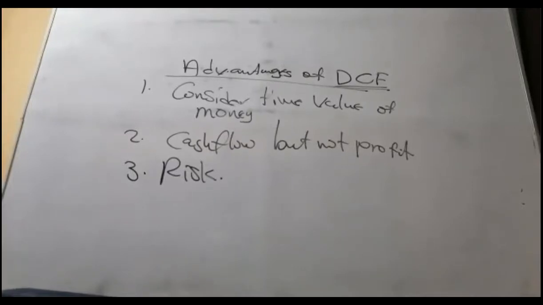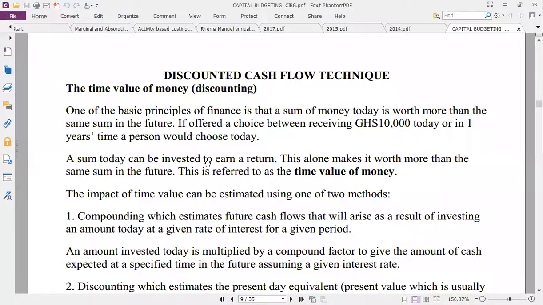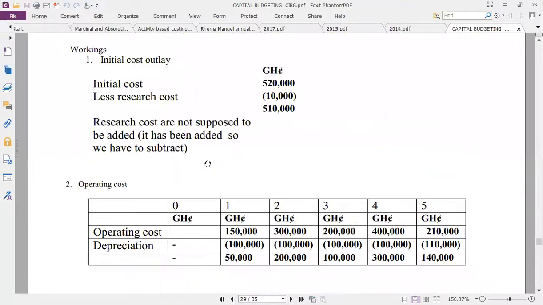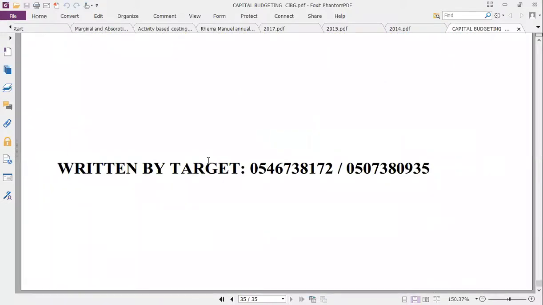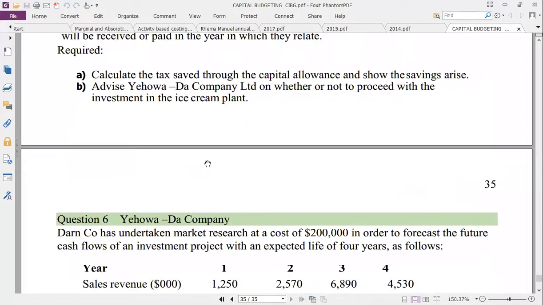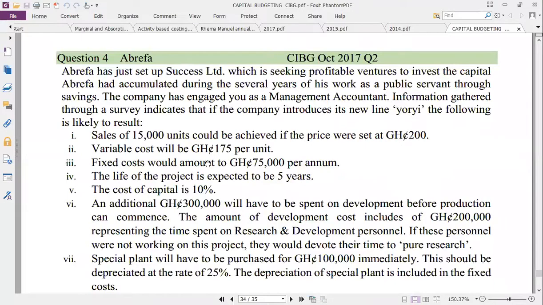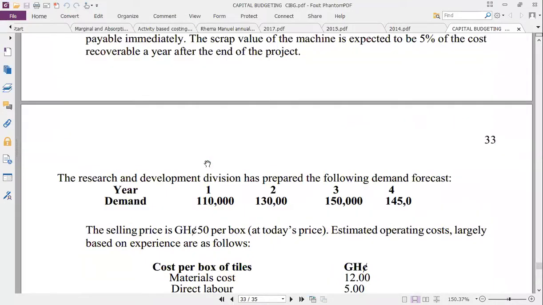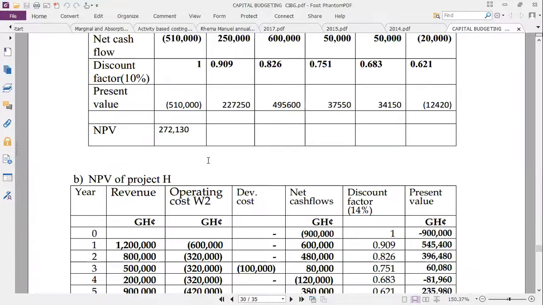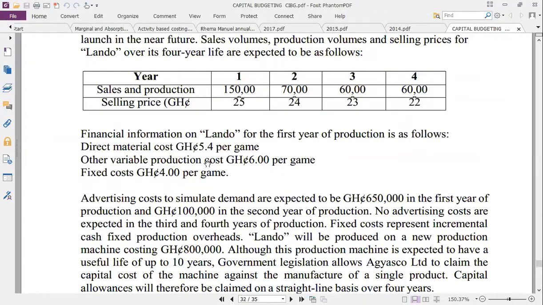Now let's look at this question before we do the NPV. The same handout, getting to the last page. I think I opened a wrong file. Yes, I opened a wrong file. I have updated this.